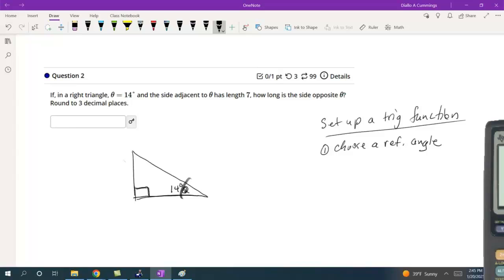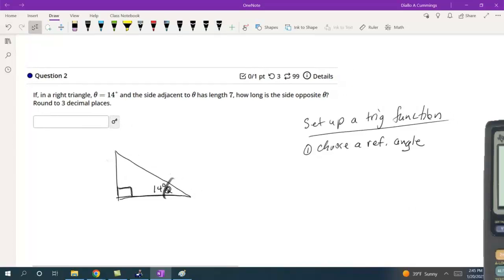In this instance, I'm given the actual angle measure, which is 14. After we choose a reference angle, the next thing we want to do is label the sides of the triangle. So I'm going to label all my sides.